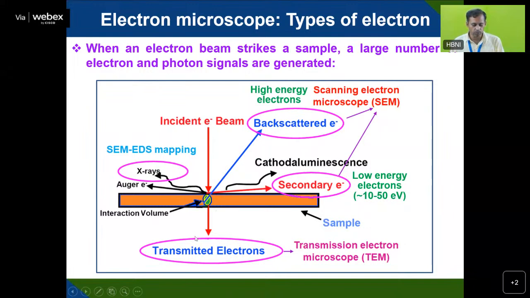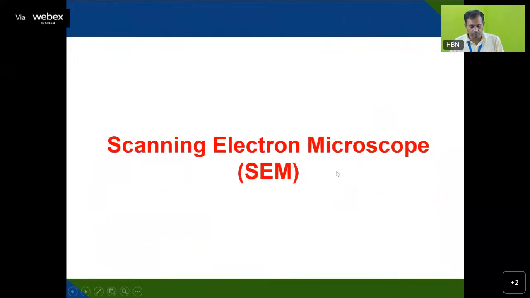If during the interaction it loses some energy, then depending upon the energy it loses, we can find out electron energy loss spectroscopy, which we will discuss today also. You can see the neighboring atoms, oxidation states, those types of information you can also get from transmission electron microscope. So first we will go to the scanning electron microscope.